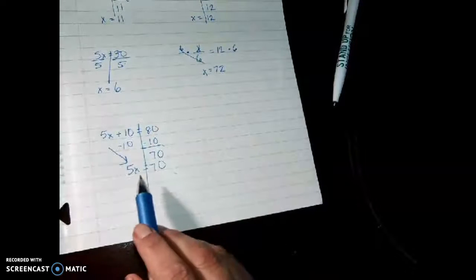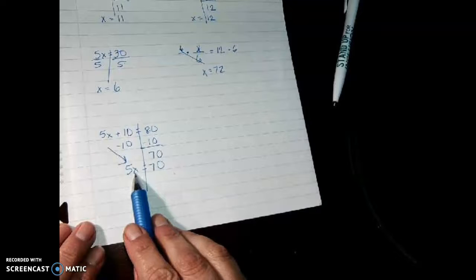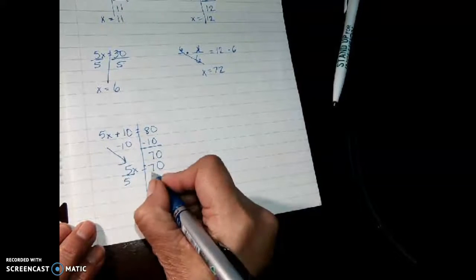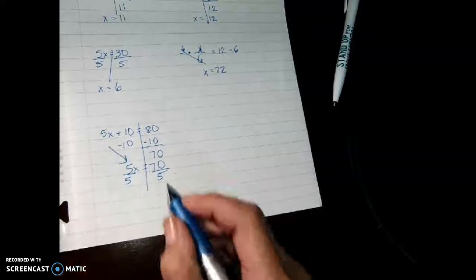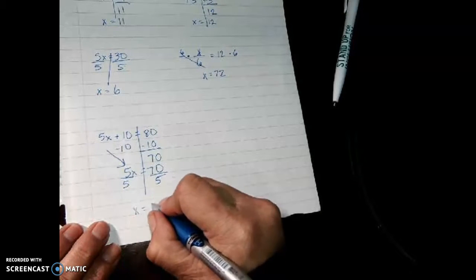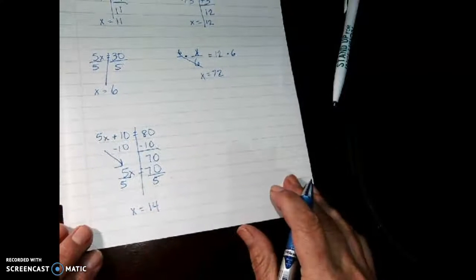And this is saying 5 times something equals 70. The opposite of times is divide, so I'm going to divide by 5. Then 70 divided by 5 equals 14. X equals 14.